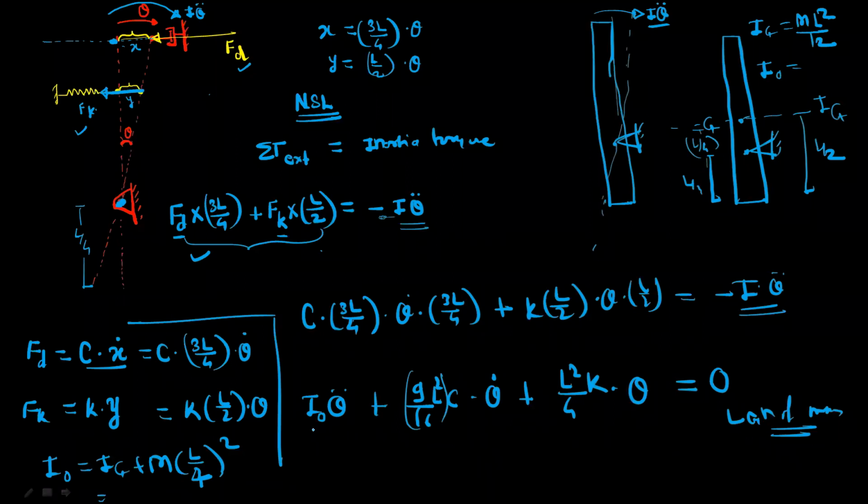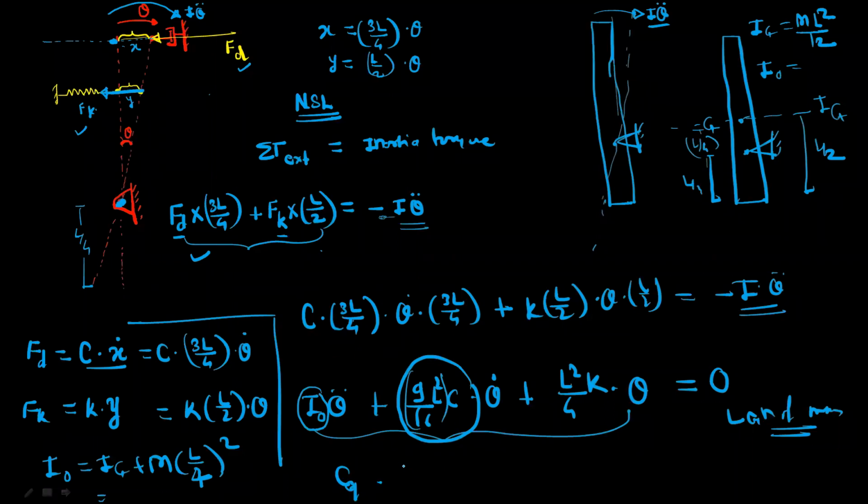If you compare this equation with the standard equation for a simple spring mass and damper system, then we can easily identify the equivalent parameters. This I0 is I equivalent. This complete value is the C equivalent. We try to find the I0, and I will write the remaining values.